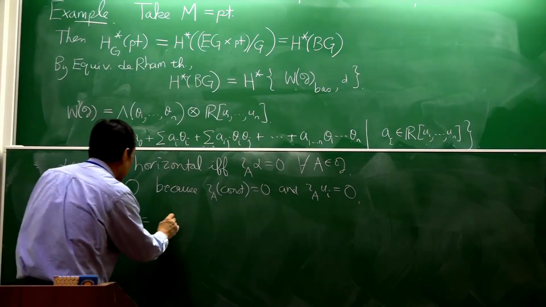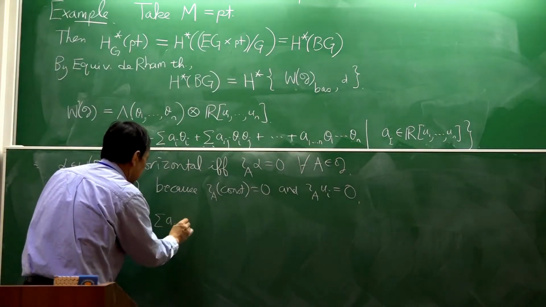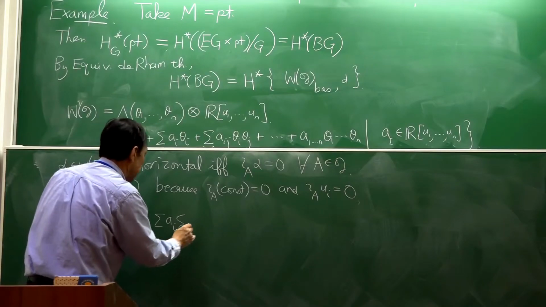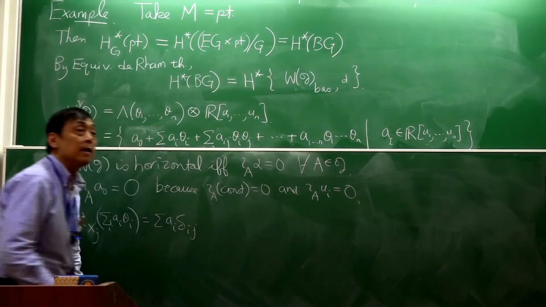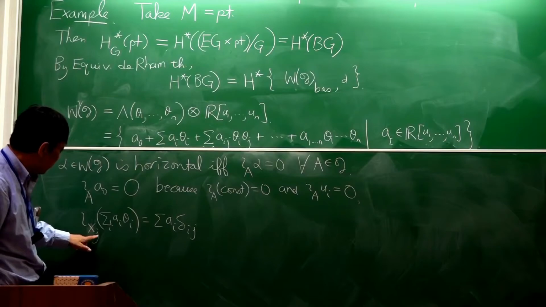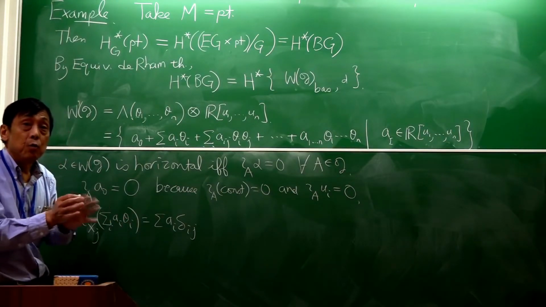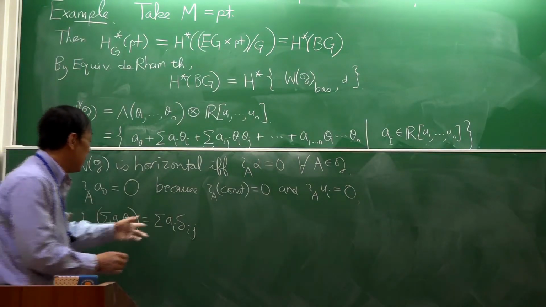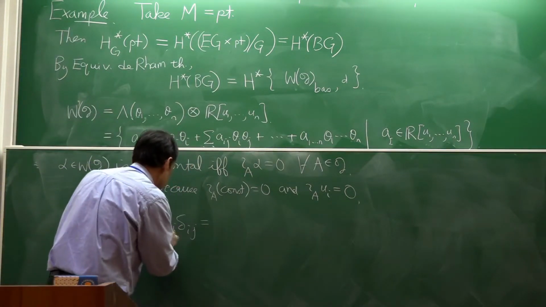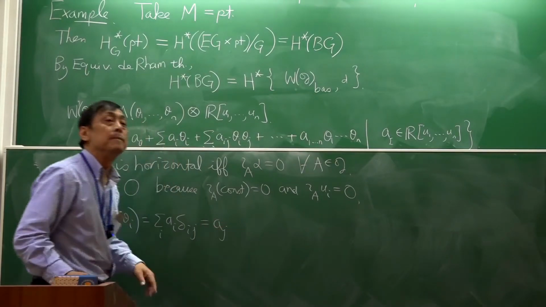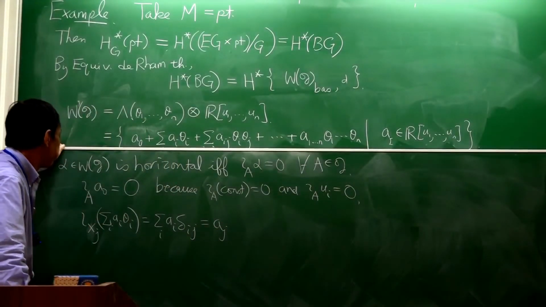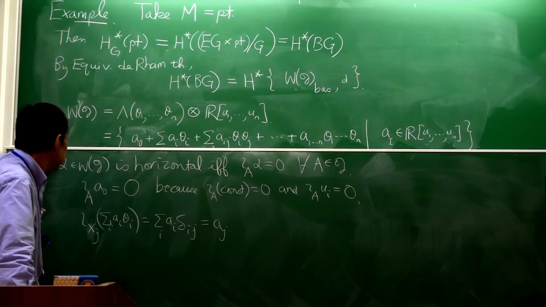It's AI times delta IJ, right? Because XJ and theta I are dual bases. And so this will be AJ.